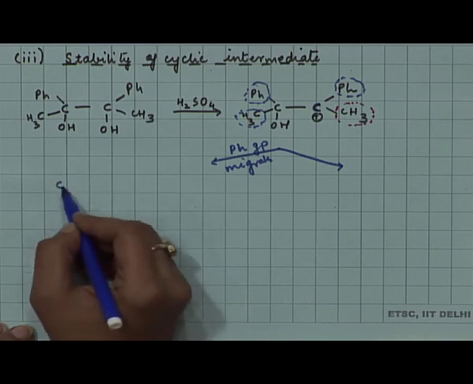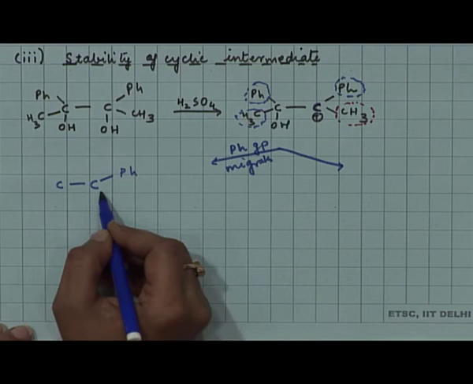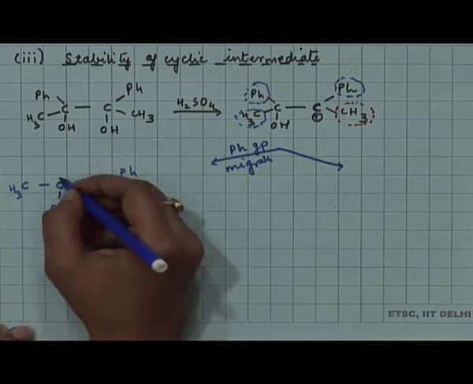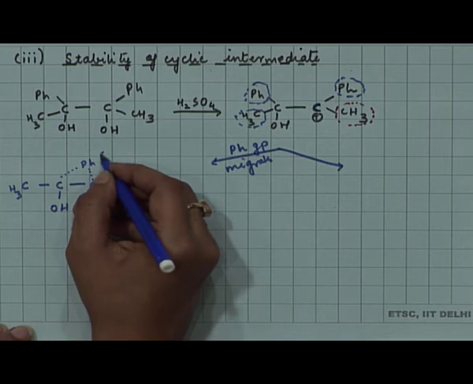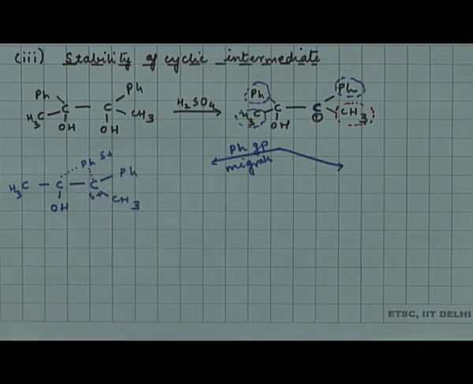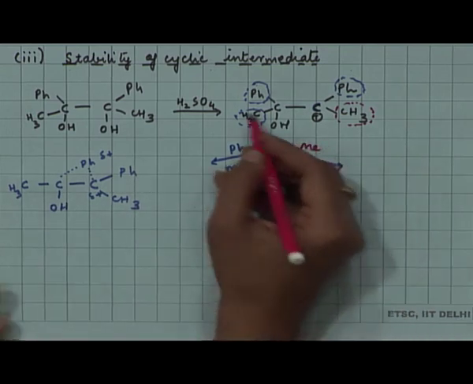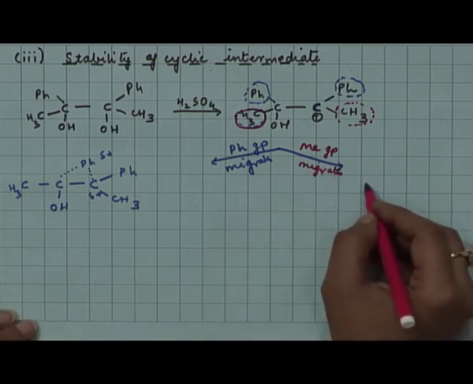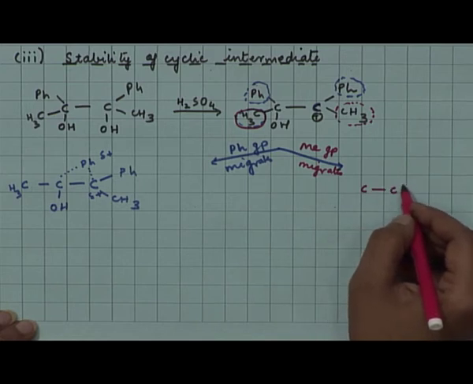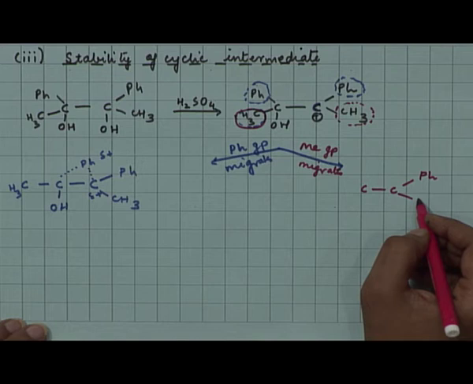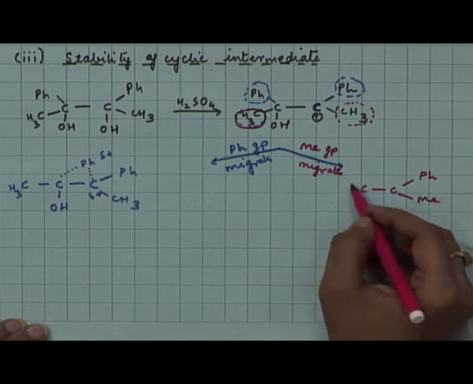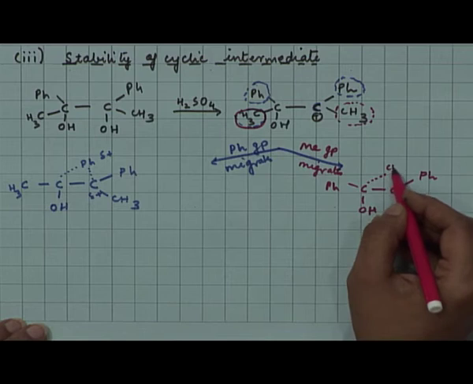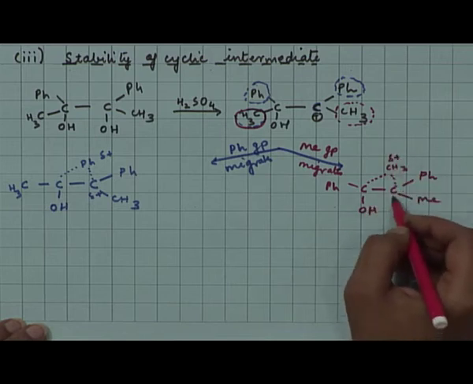When the phenyl migrates on this carbon, this is the intermediate which you get, and if the methyl group migrates, this is the intermediate which you get.